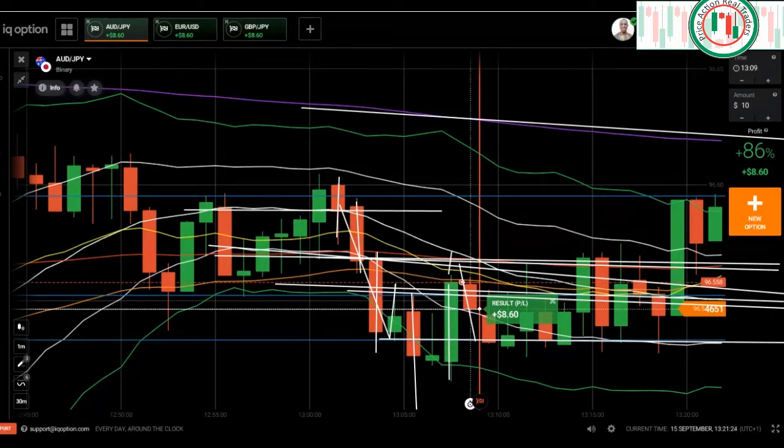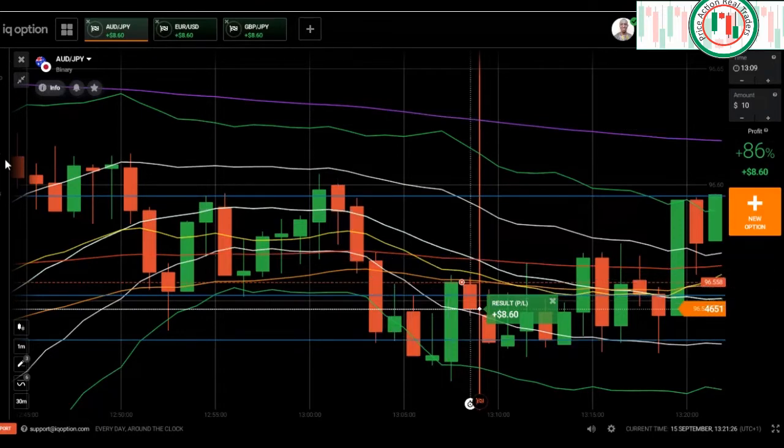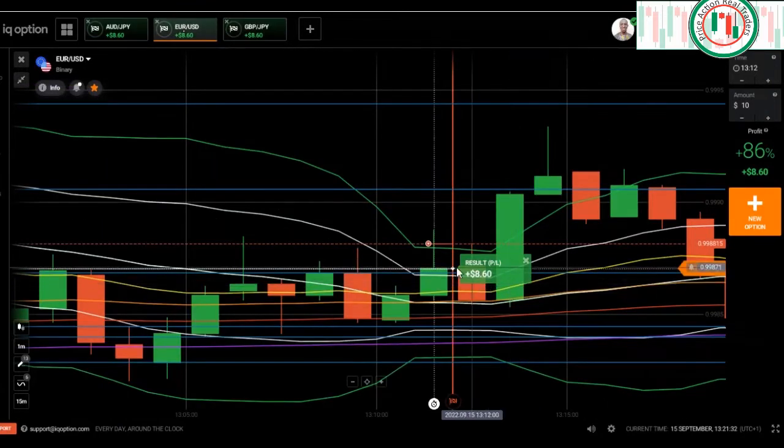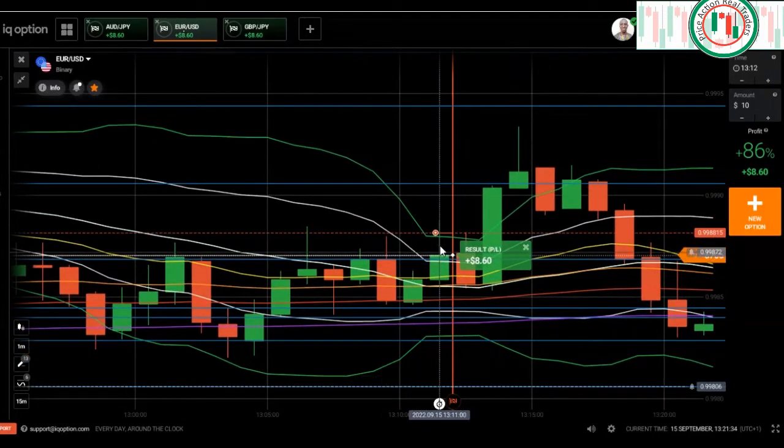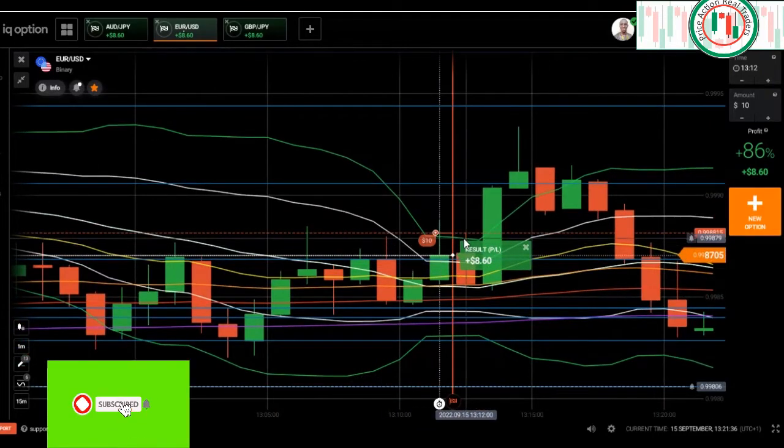Then the next trade, let me show you the next trade here. Why I placed this trade: I try to get a margin of safety in this trade. Why? Because here you see the movement, the market is going up and down.